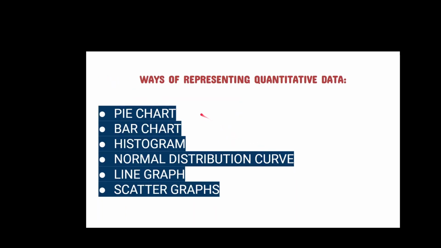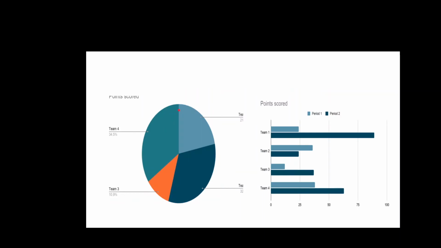Now, there are certain ways of representing quantitative data. So again, numerical data, we can represent it through these graphical ways. The first is a pie chart and a bar chart. So this is what an average pie chart would look like, and this is a bar chart.